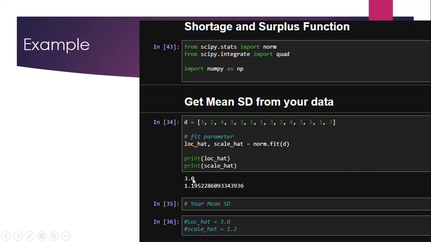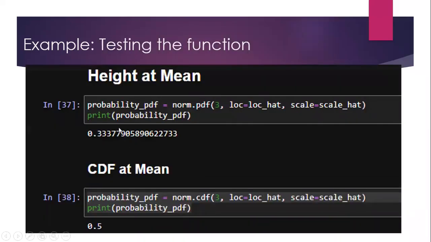The mean is 3 and the standard deviation is 1.2, or 1.195. So this is our demand distribution. We have the PDF of this defined in terms of standard deviation and mean. This is testing the functionality.